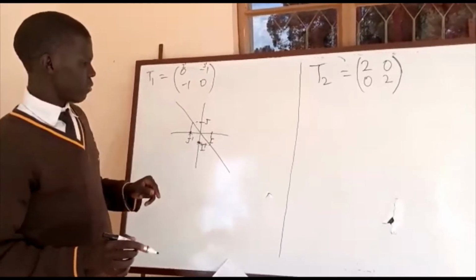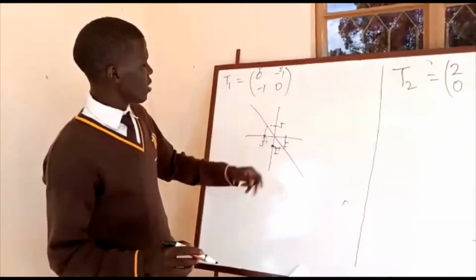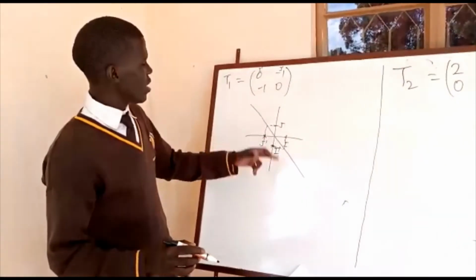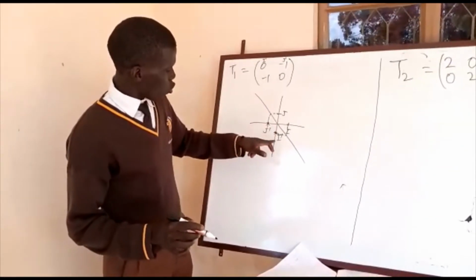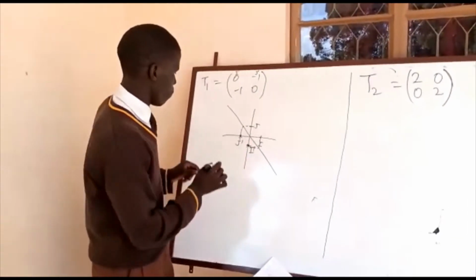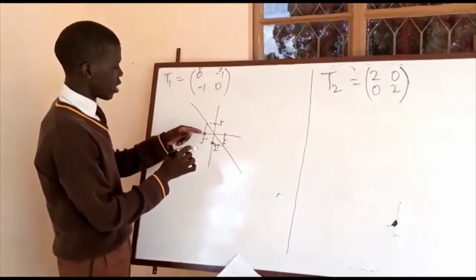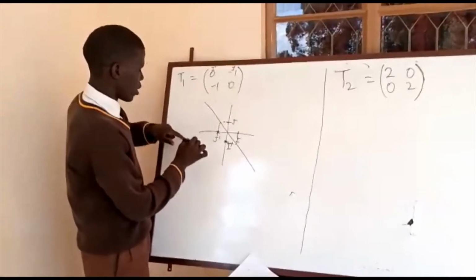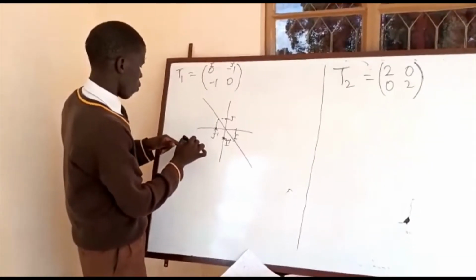So how do we get this line? If we pick a point on it, let's take the point (-1, 1).